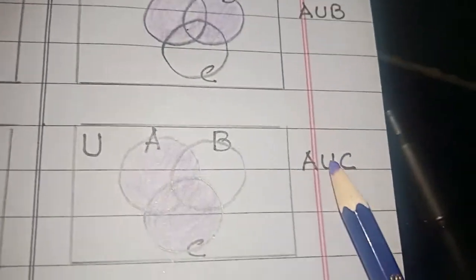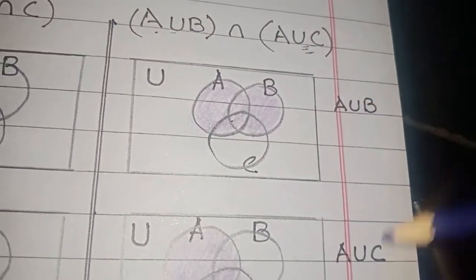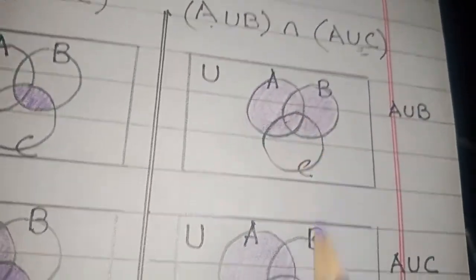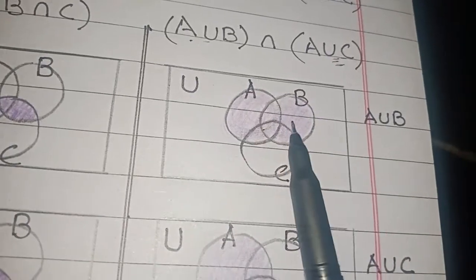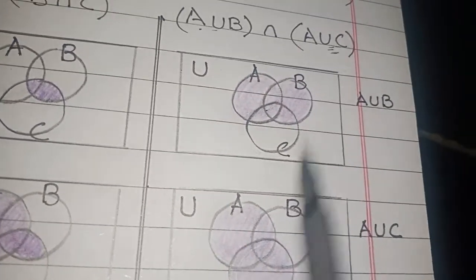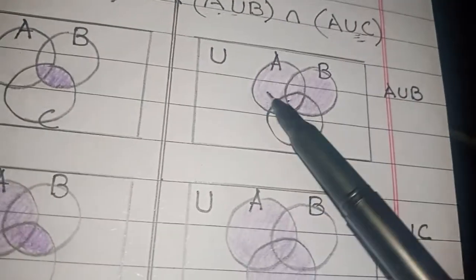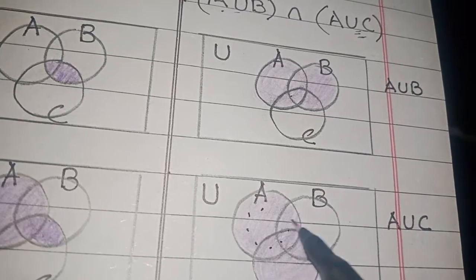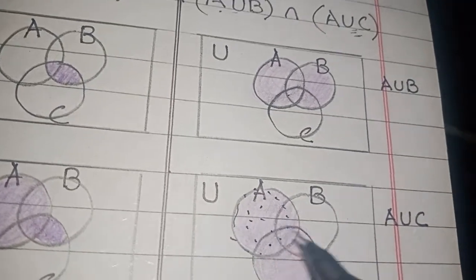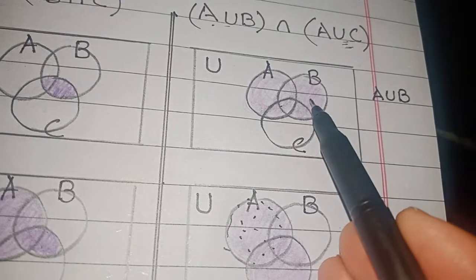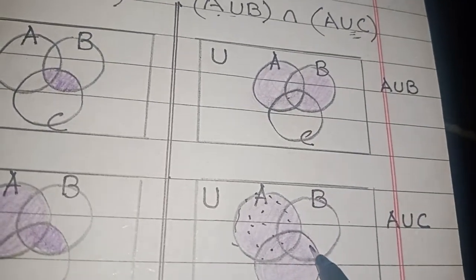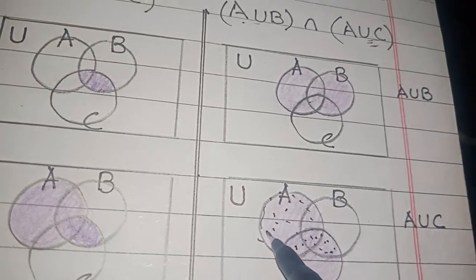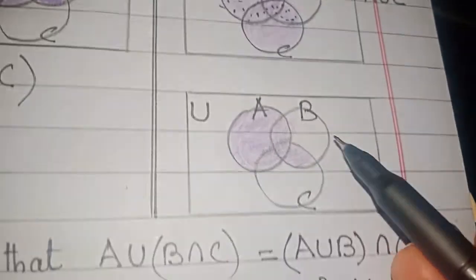Now what I have to do? I need to find their intersection. So now focus on the colored area only and see which part is common. Here the whole of A is colored, and then the part of B which is overlapping with C. This is the answer which I have dotted, and I have colored it here for you.